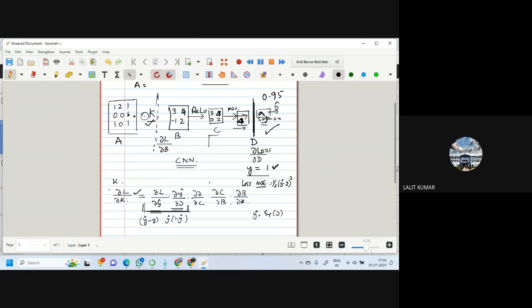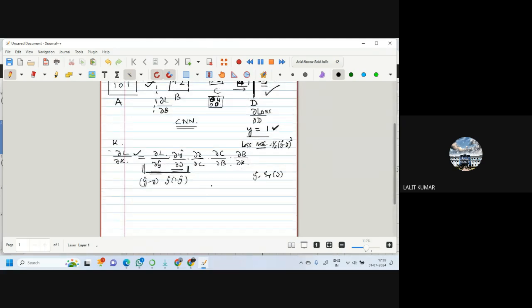So here you make this as 0, 0, 0, 4. Is this clear? Now when you come here in the ReLU, the 0, 0 will remain 0, and this will become 0, 0, 4, 0.